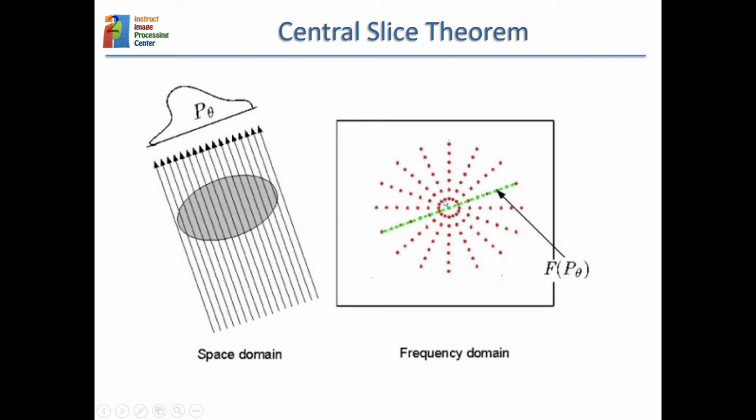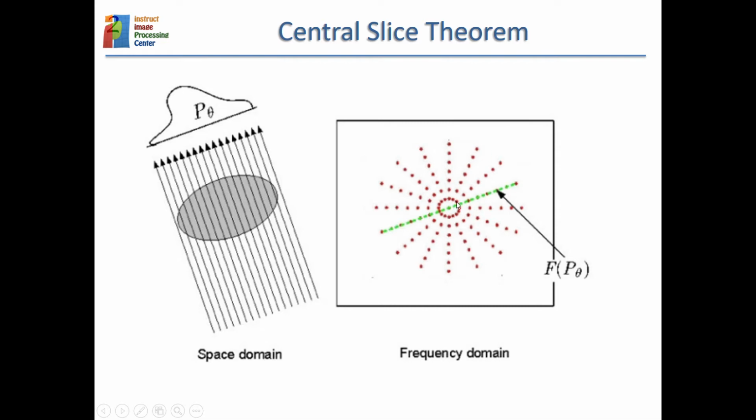And what we see is that the density of points towards the center of the space is much denser. So as you go away from the origin, the samples coming from the 1D Fourier transform become more and more sparse. So there is more space between one sample and the next.